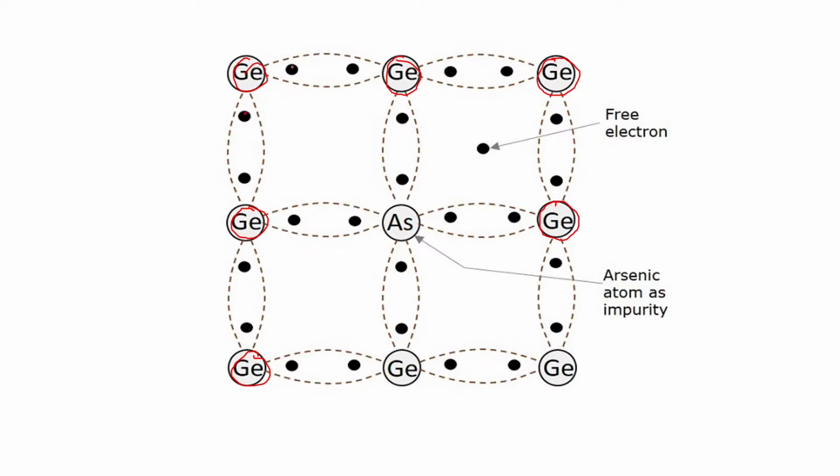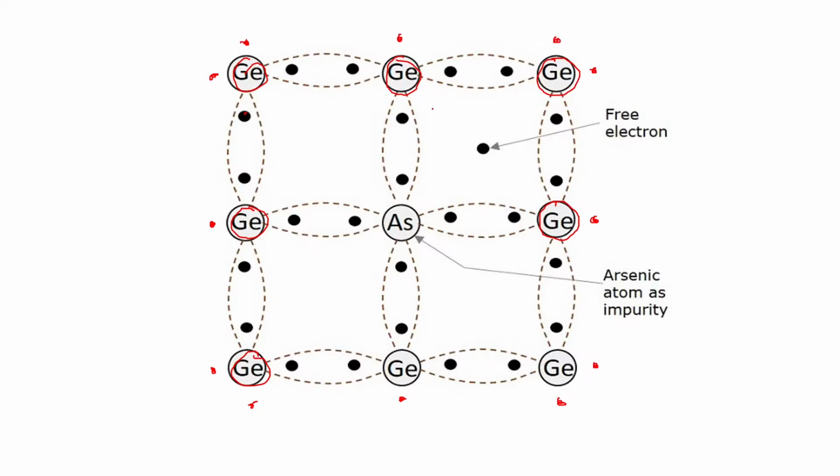So this is 1, 2, 3 and 4. Similarly here 1, 2, 3, 4, and the same at each of the other germanium atoms.